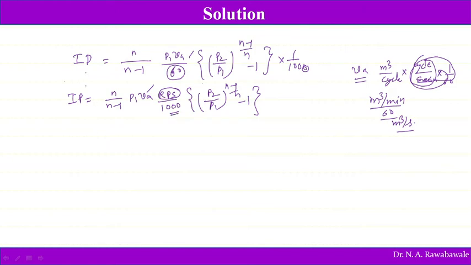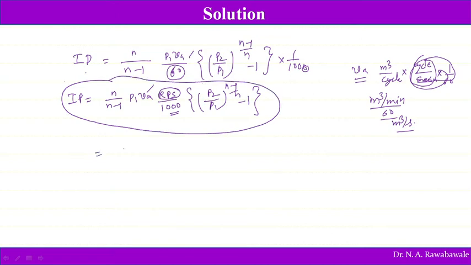So now substituting these values in the first equation, the indicated power, N is given, index of compression is 1.3 divided by 1.3 minus 1 into P1 is 1 bar. 1 bar means 1 into 10 to the power of 5 into VA. VA value is given 15 meter cube per minute, so directly 15. If this VA is given in meter cube per cycle, then we have to multiply it by RPS.